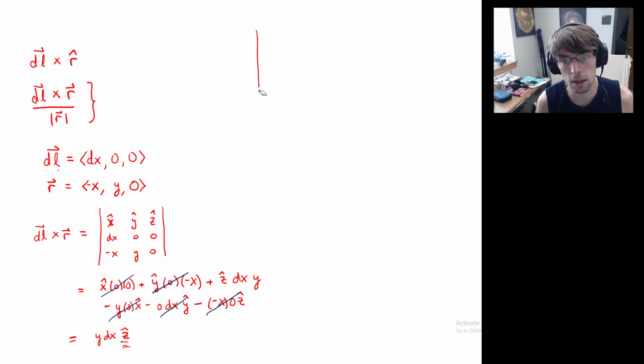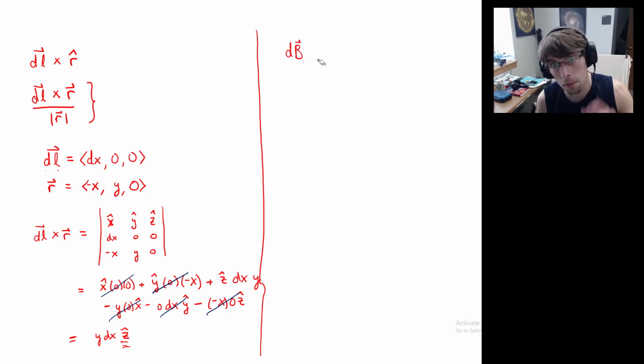So let's go ahead and now plug everything that we have into the law of Biot-Savart. The magnetic field, due to an infinitesimally small piece of that current carrying wire, is mu naught over 4 pi. We have the current of the wire, I, and now we've evaluated the cross product.